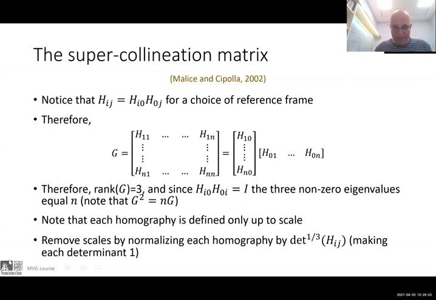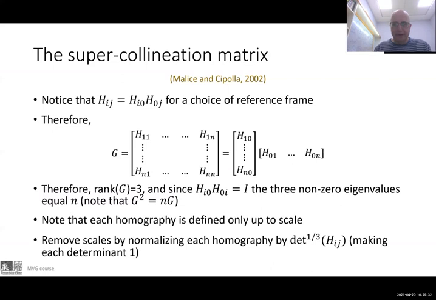The idea is to normalize each to have determinant 1. We do that by taking the determinant of Hij and normalizing by the determinant to the power of 1/3. The 1/3 comes from the size of H, which is 3 by 3. That makes every H have determinant 1 and determines the scale factor.